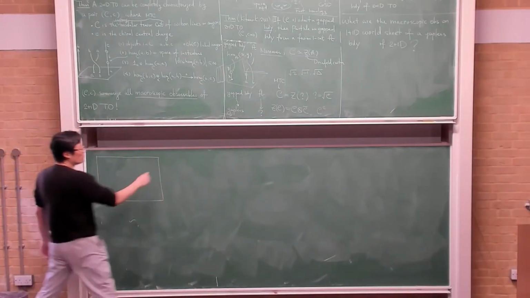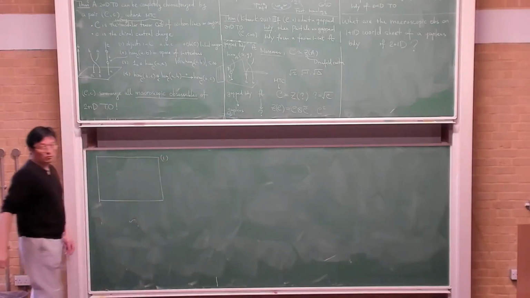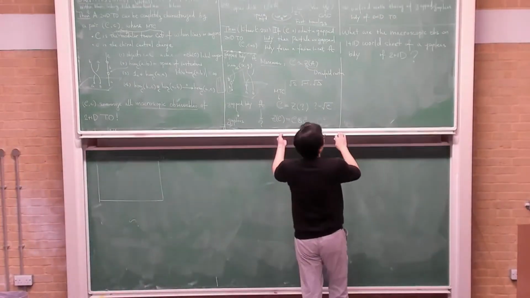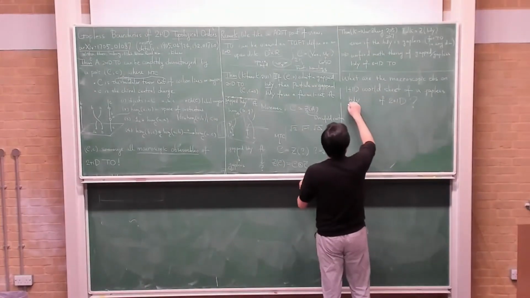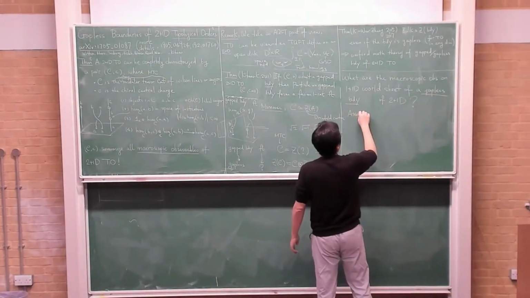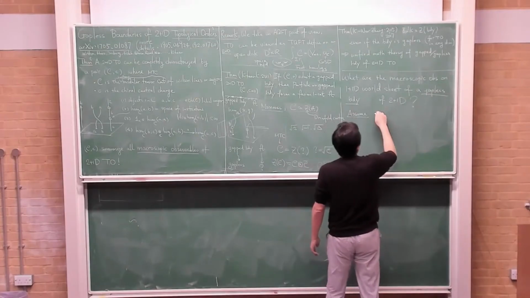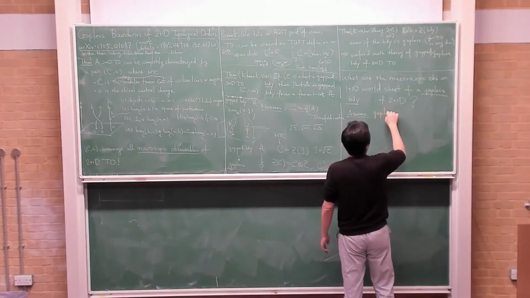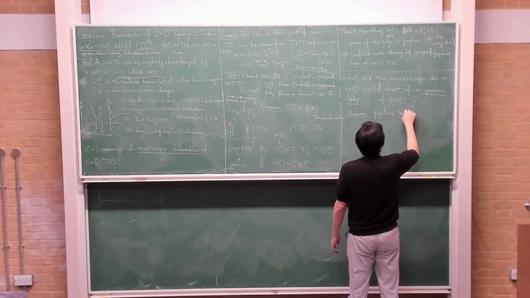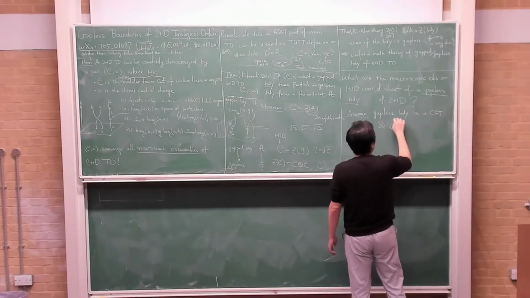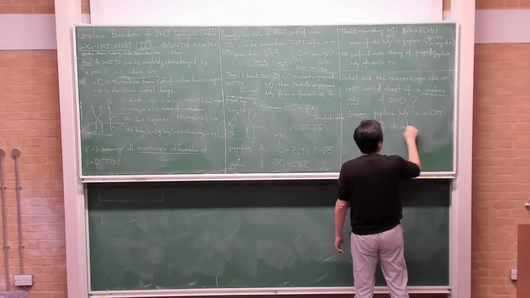Okay, the first observable you can imagine is, let's make an assumption here. The first assumption is that this boundary is gapless and conformal. So the gapless boundary is a CFT, and chiral. To make life easier, let's assume it's chiral.